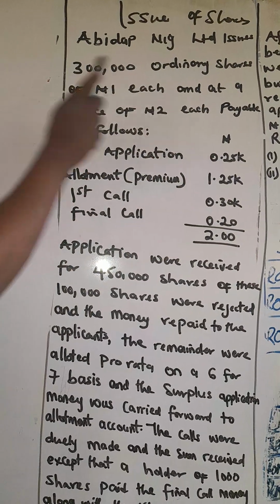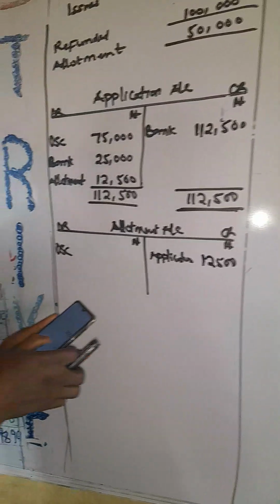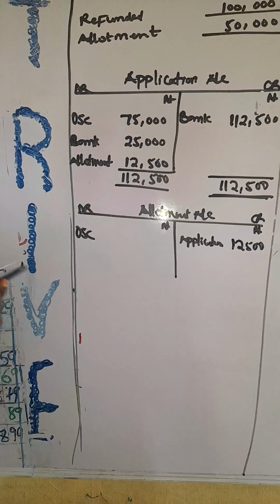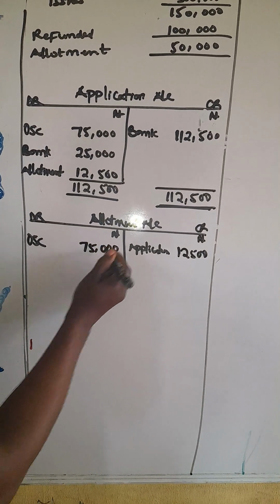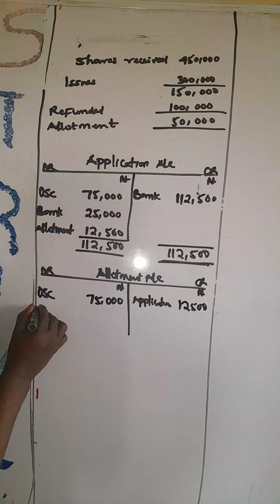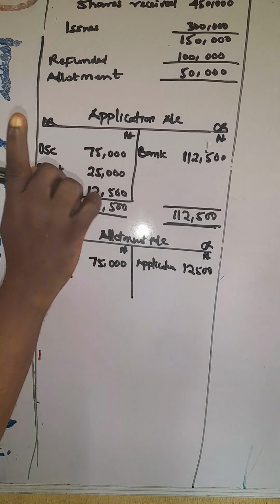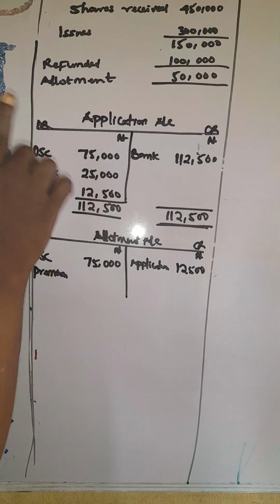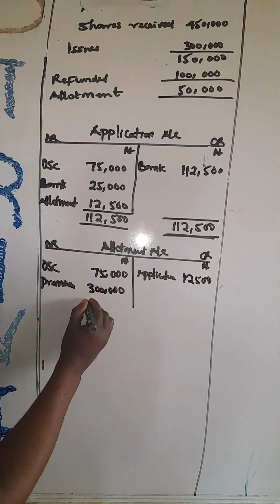So 300,000 shares times 25 kobo gives us 75,000 naira. Do you see it now? Then premium. Premium is 1 naira times 300,000. That will give us 300,000.